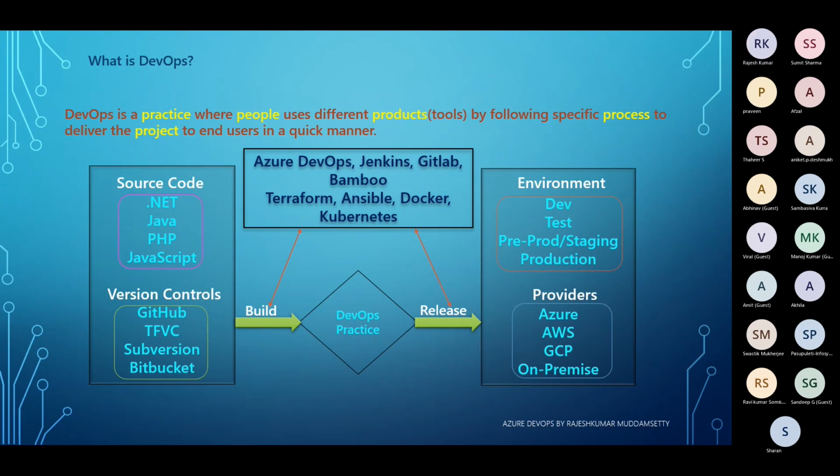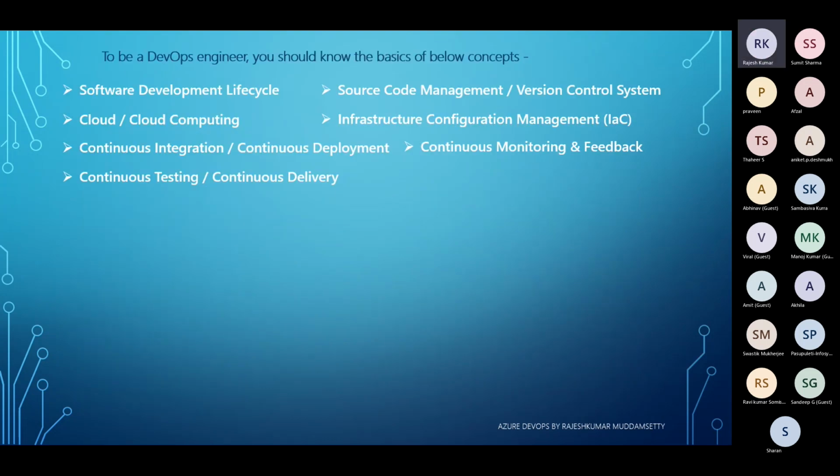Okay. You got to know what is DevOps. To be a DevOps engineer, you should know at least the basics of the below concepts. It's not that you should be an expert in everything, but at least you should know the basics. First thing is SDLC. We already discussed.